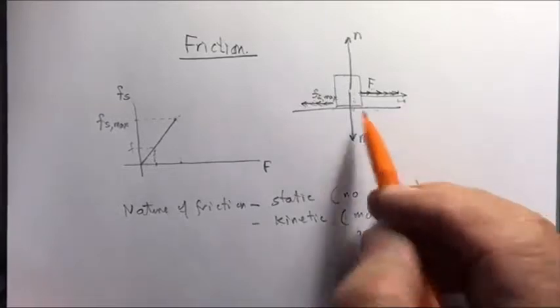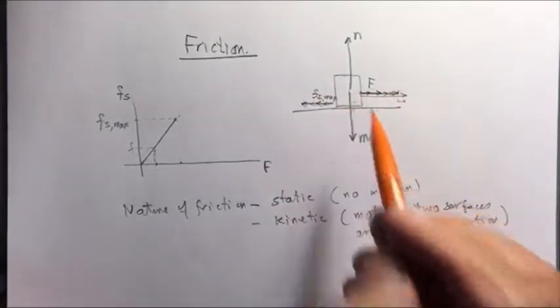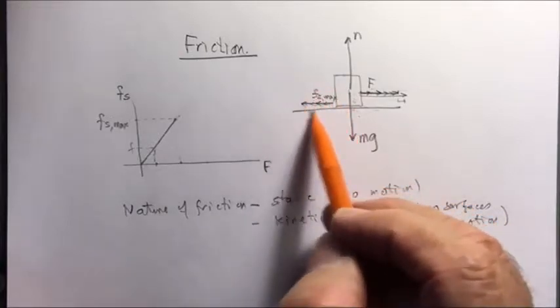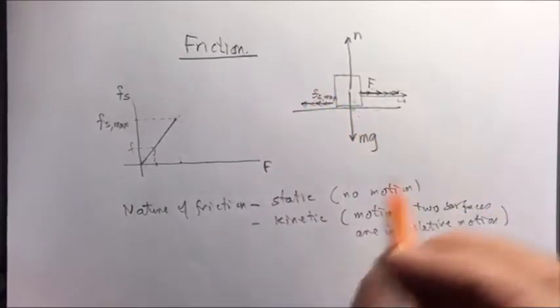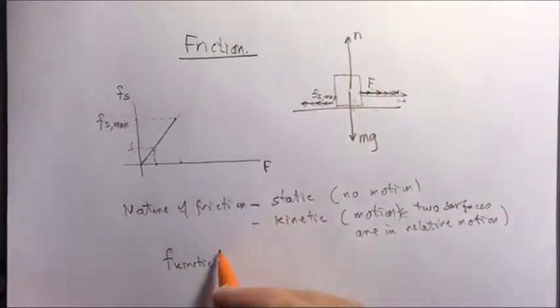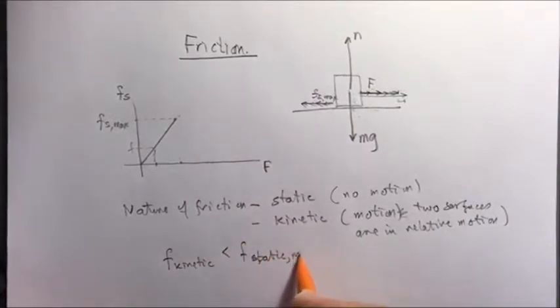So you would have friction whenever the two surfaces have relative motion. As soon as that happens, the magnitude of this force decreases. The kinetic friction under the same conditions is less than the maximum static friction.